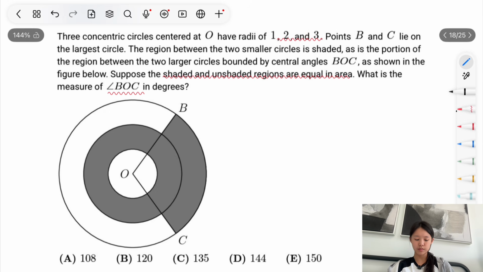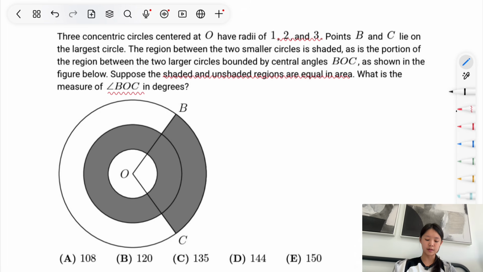So what we have to do here is basically just calculate the shaded and the unshaded regions. First we have an easy one we can calculate, which is the inner shaded ring. That area would be 4 pi minus pi, since they already tell you the radius.